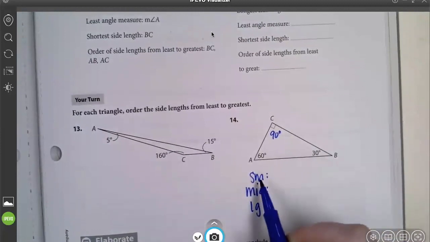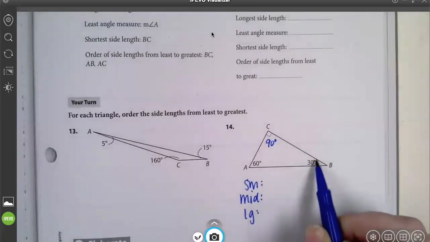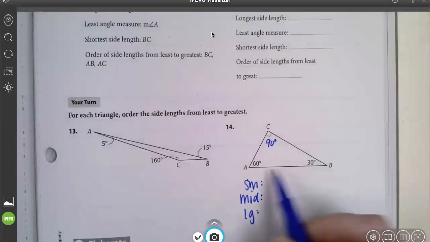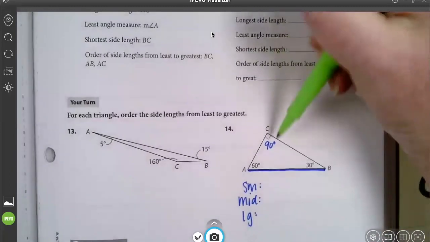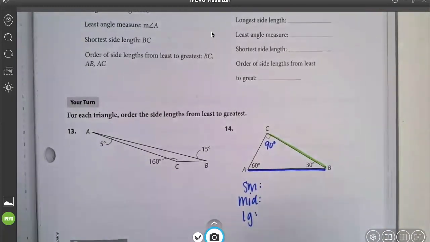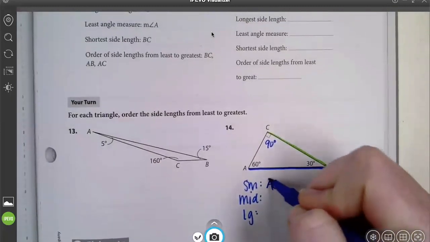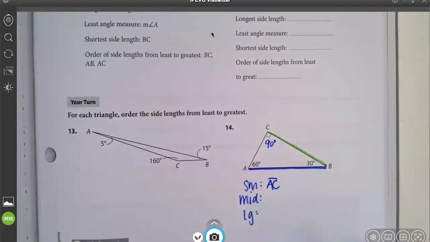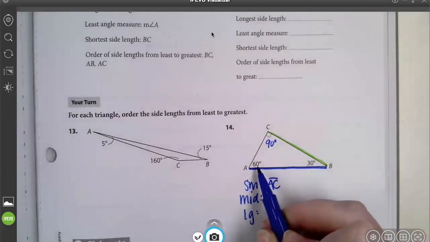Our smallest side is going to be across from our smallest angle. So let's find our smallest angle. It's 30 degrees, which is made up where this line and this line connect. So the opposite side must be AC. AC is our smallest side. Our middle side is going to be across from our middle angle. So 30, 60, 90, 60 is clearly in the middle.